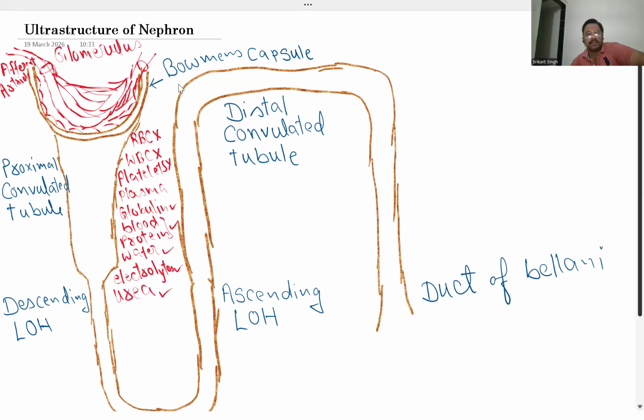The rest, only RBC, WBC, and platelets, are much bigger as compared to the pores, because in the glomerulus there is a podocyte filter. The podocyte pores are very minute, so RBC and WBC are not suitable to be filtered.